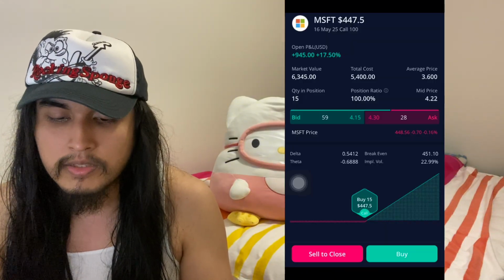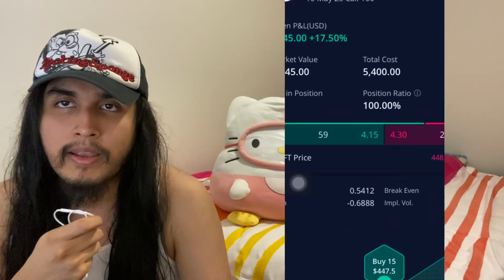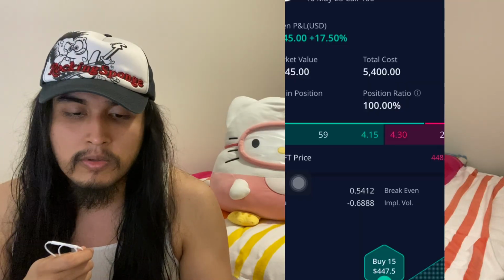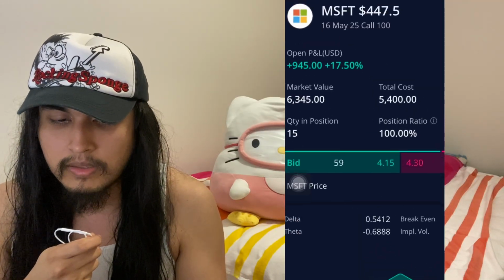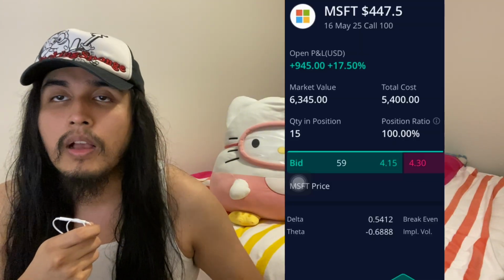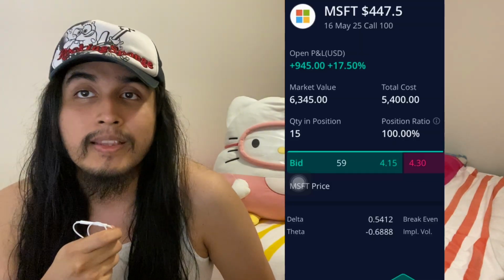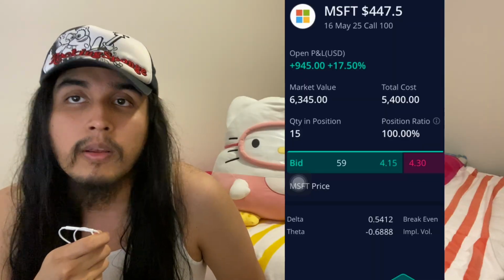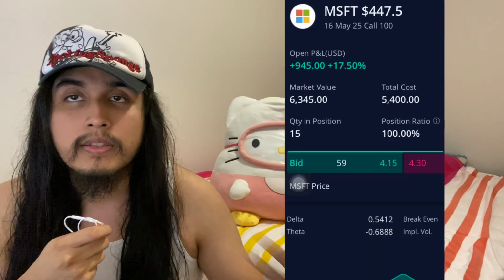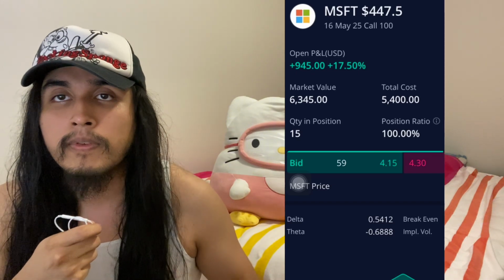And then step three is just to rinse and repeat that cycle over and over again. And the reason I say sell out once the position, where it says 17.50%, is that's what you want to pay attention to most when you're trading. Once you see that the position is up 5 or 10%, sell out the position, move on to the next trade and do the same thing over and over again.